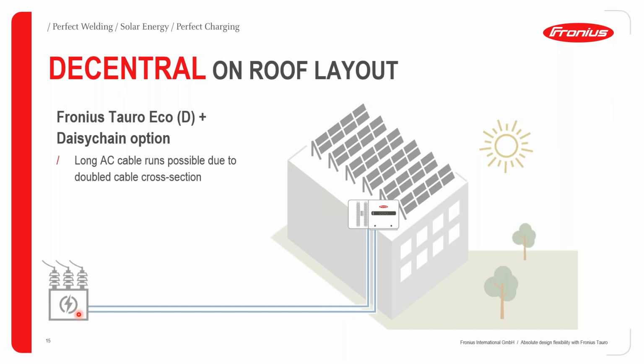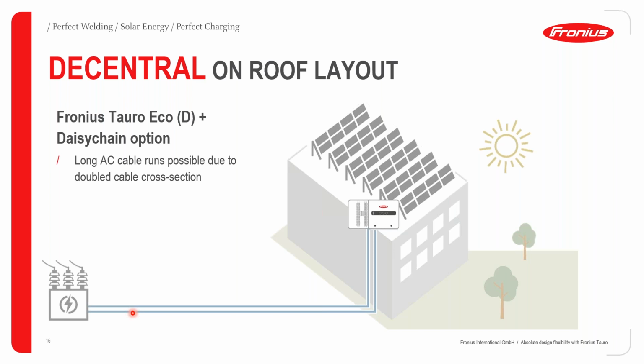And therefore, the designer chooses to use the daisy chaining option, but not to interconnect two Tauro devices, but to use the second set of V-clamps to run a second AC cable. So instead of having one 240 square millimeter cable, we would now have two sets of 230 square millimeter.